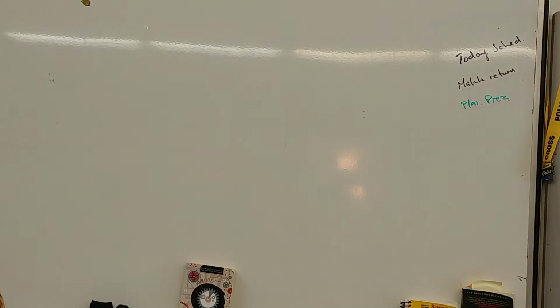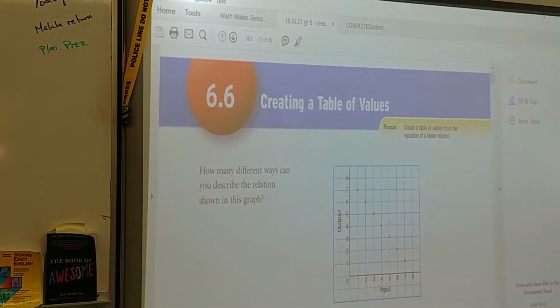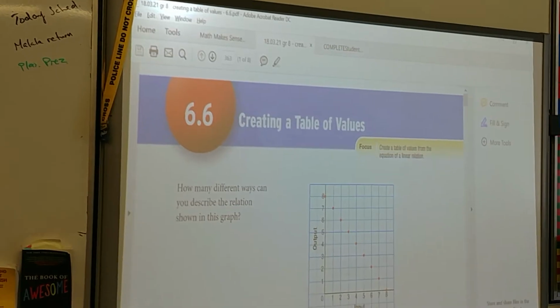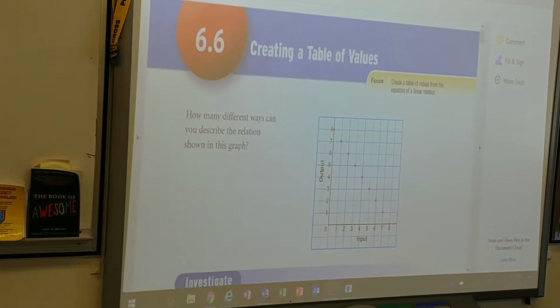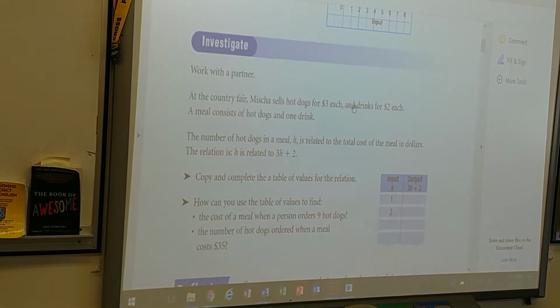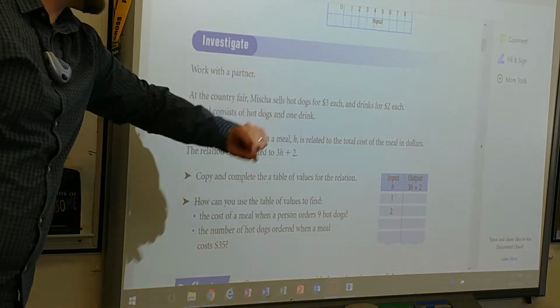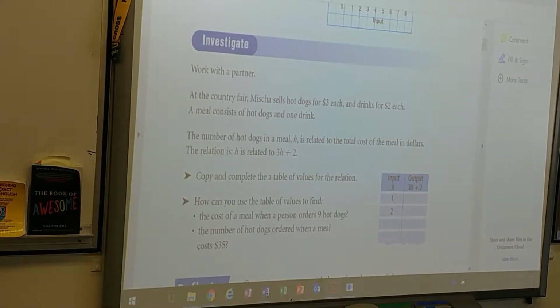So let's take a look at the textbook. Pardon my little bobblehead camera here. So it says, at the county fair, Misha sells hot dogs for $3 each and drinks for $2 each.